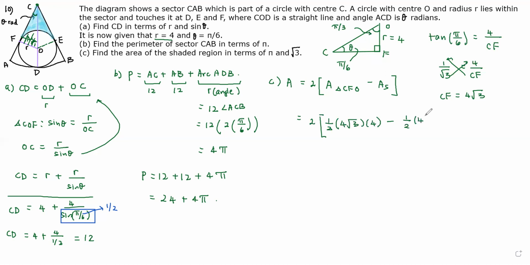R is 4, so 4 squared, and theta is pi over 3. So that is 8 root 3, and then 16 divided by 2 is 8, so 8 pi over 3. And when you multiply by 2, we have 16 root 3 minus 16 pi over 3. That will give us the area of the shaded region.